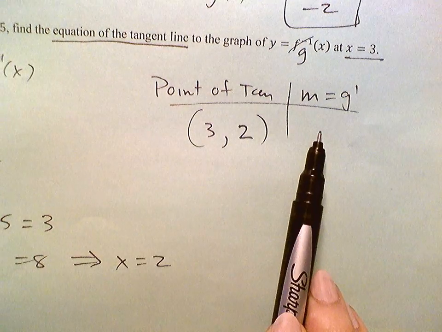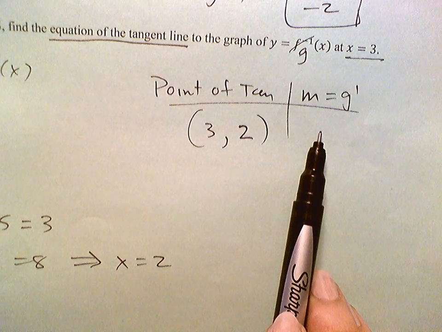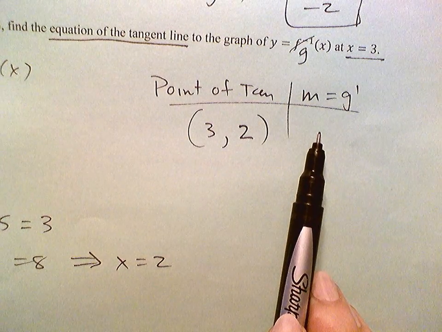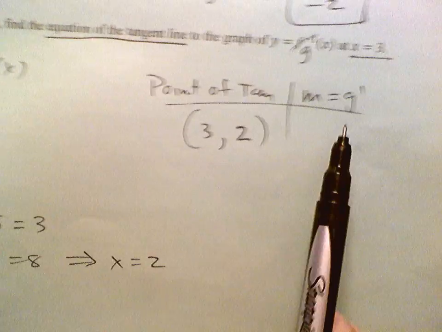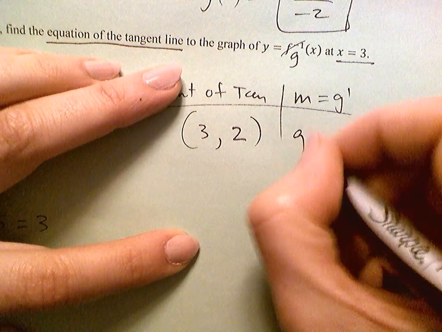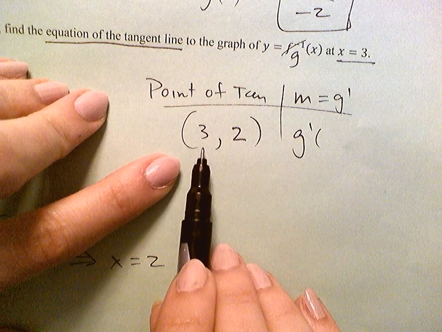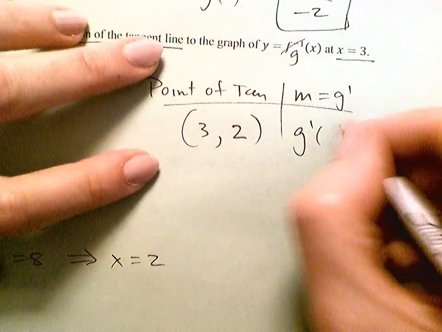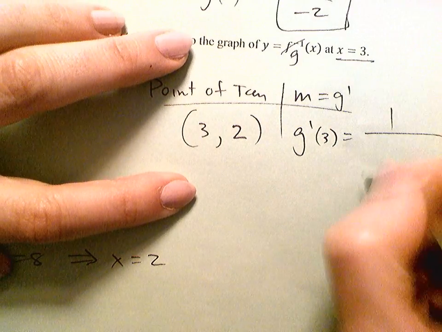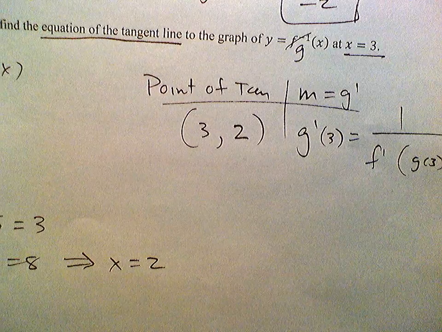And then g prime, we can use the inverse derivative formula. f is its inverse, we want its derivative, so we can use the inverse derivative formula. So g prime of 3, because we want the slope of the tangent line at this x-coordinate 3. So g prime of 3 is 1 over f prime of g of 3.